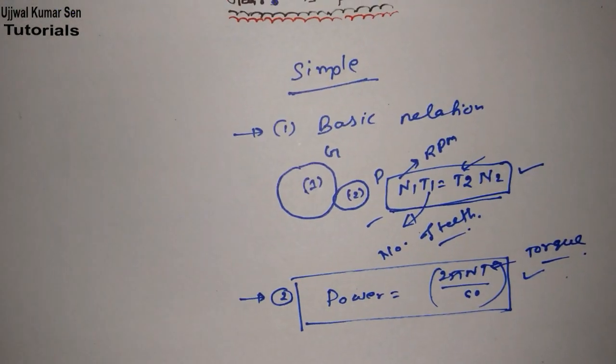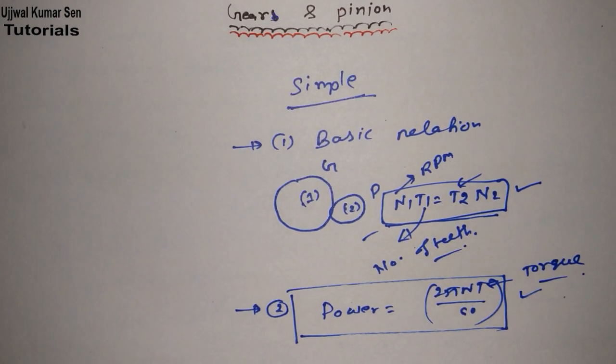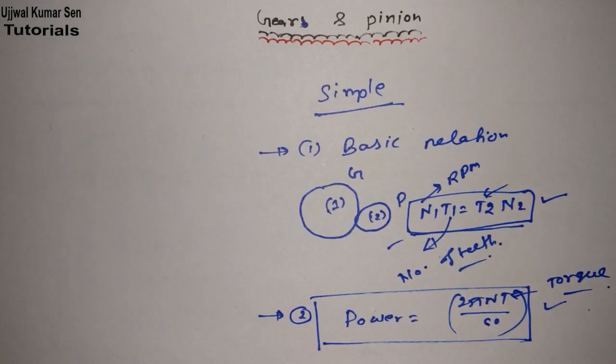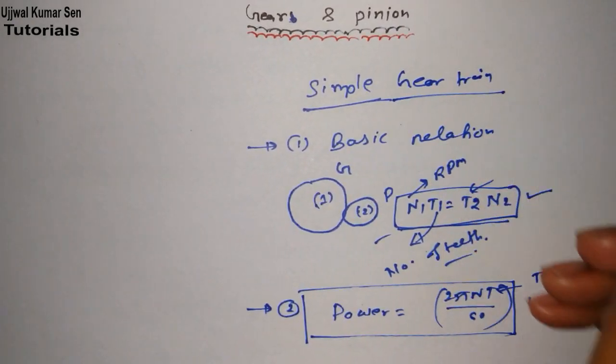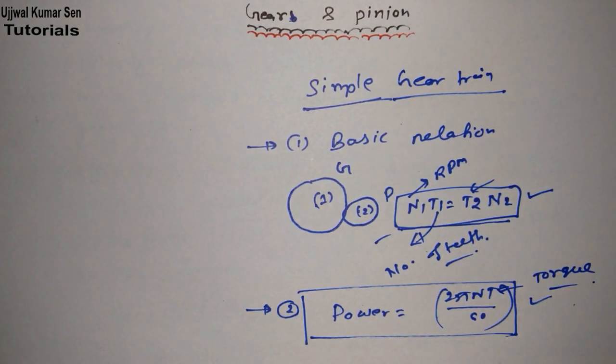So as I have shared with you, this is what you require to solve the numerical problem related to gears and pinions. Here is the relation, but this is for a simple gear train. If you get other gear trains like epicyclic gear train, reverted gear train, or compound gear train, then definitely the formula would be different.